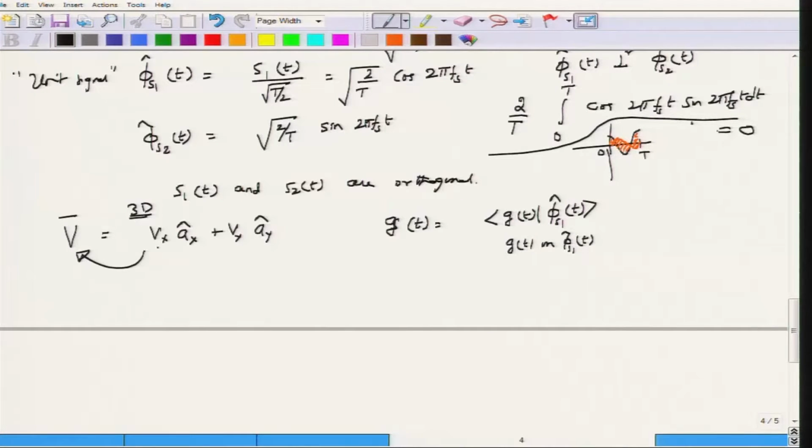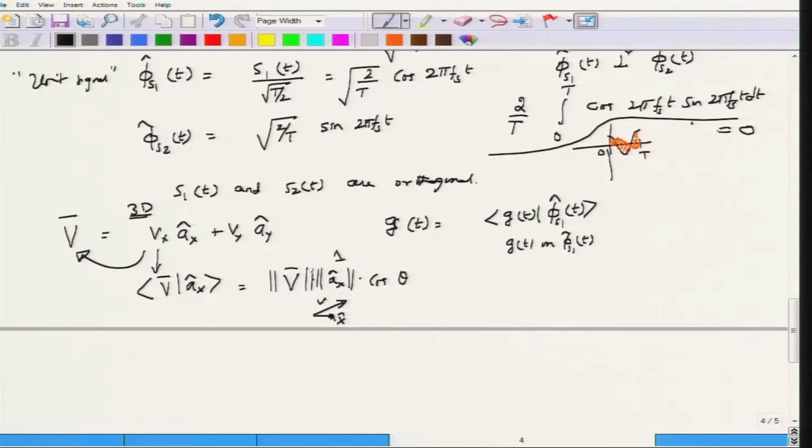So, if you go back to this one, this Vx is nothing but the inner product of v with Ax hat. Why is that so? Well, if I now look at the length of this vector, go back to the definition: the length of the vector v, Ax magnitude, and cos of theta, where theta would be the angle between this v and Ax hat, right.